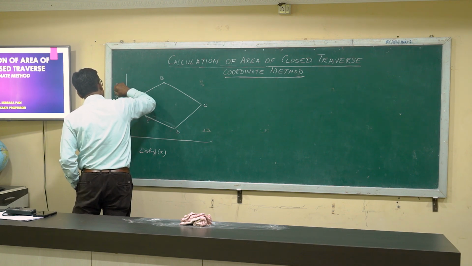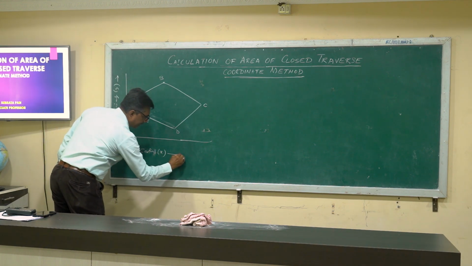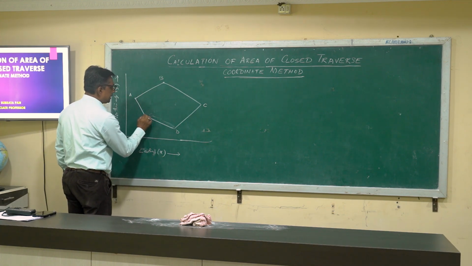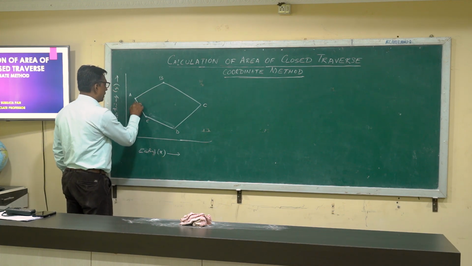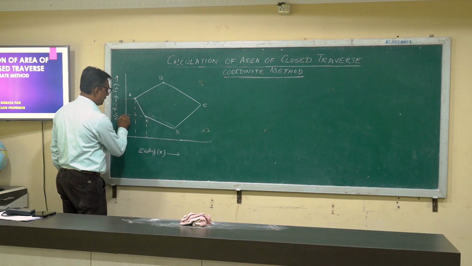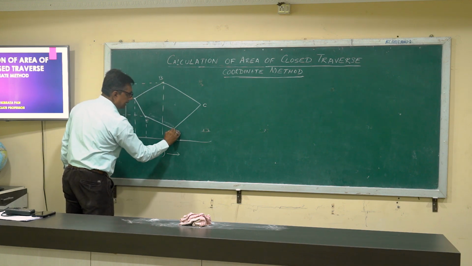Now we will calculate the area with particular specific coordinates. Like this one is a combination of x and y. Again, this is a combination of x and y.